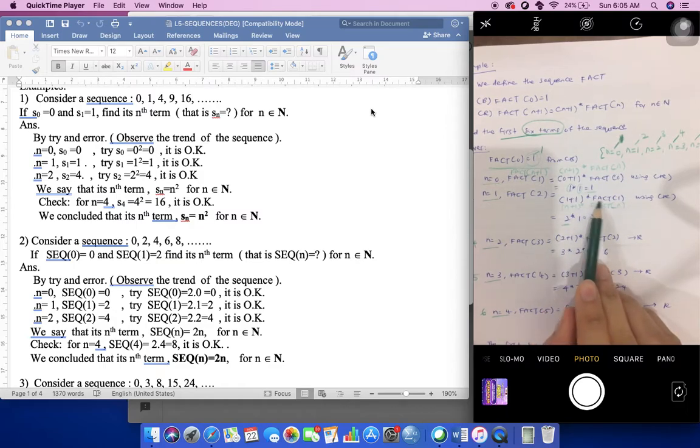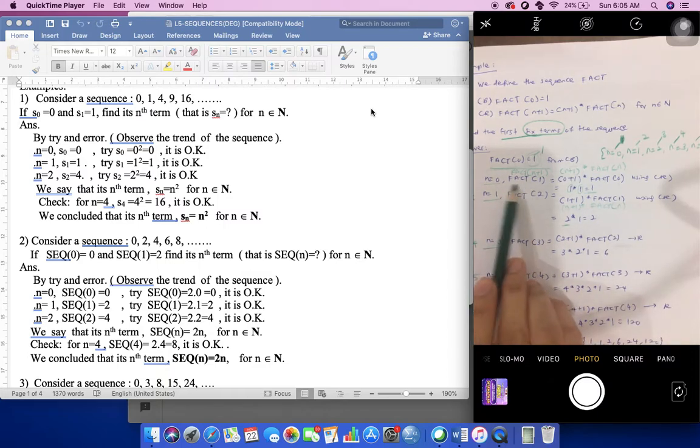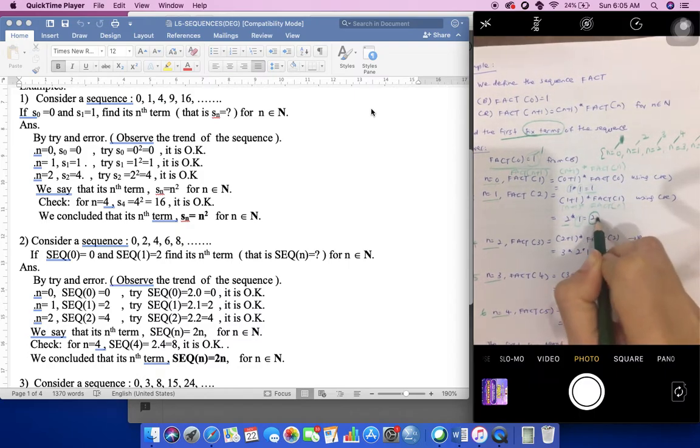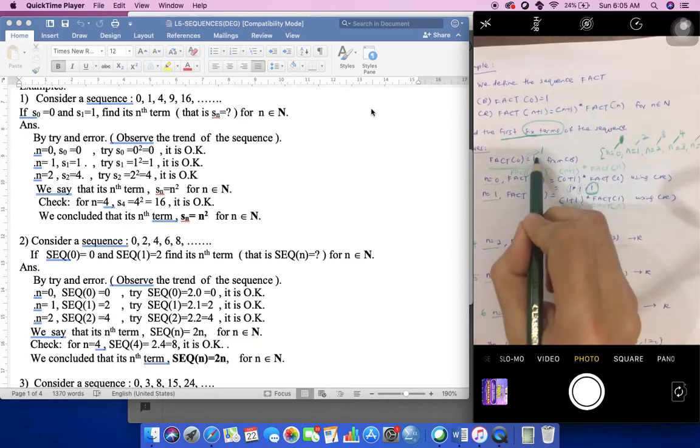Factorial 1 is equal to 1. So take this one, put it here, so it is equal to 2. So the answer is 2.